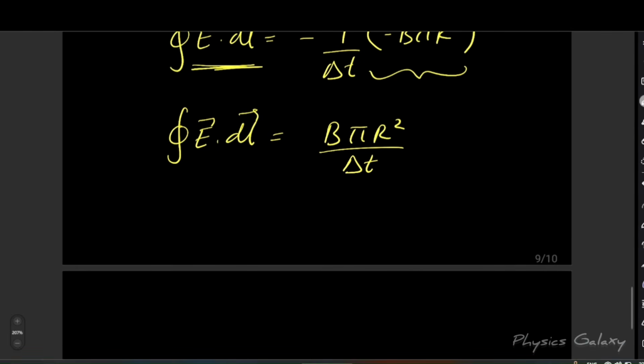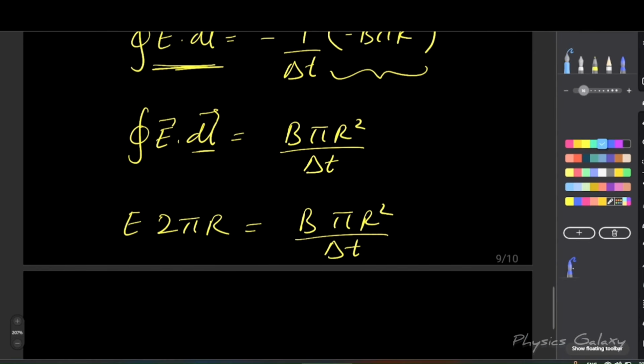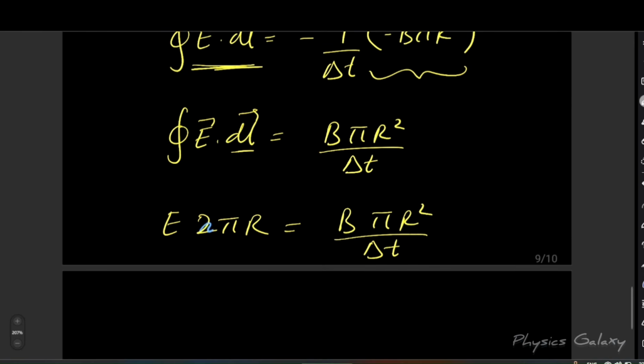So for that we had to calculate first the electric field. So we can write E, and dl will be 2 pi r, equals B pi r square by delta t. So what we cancel out here is pi and r.